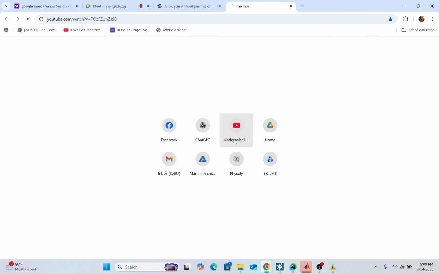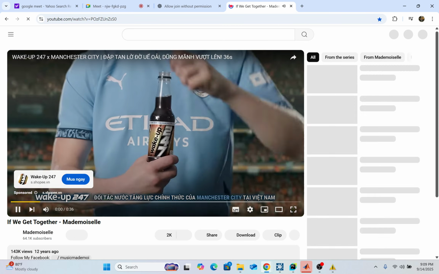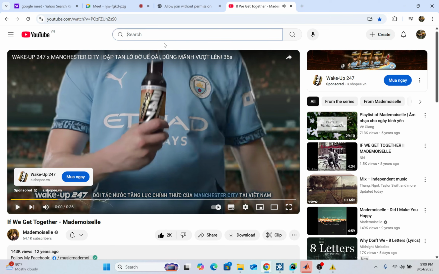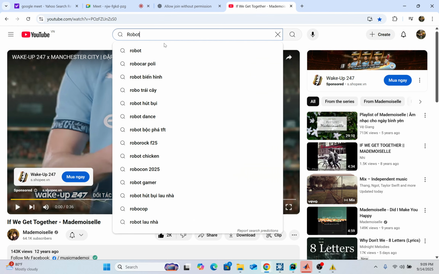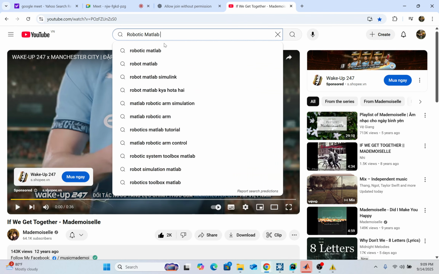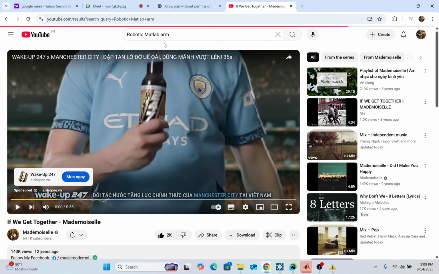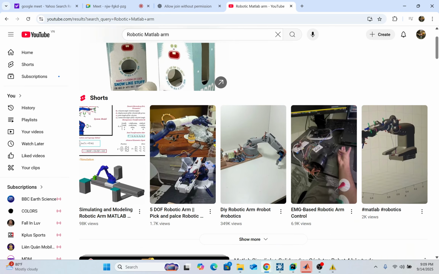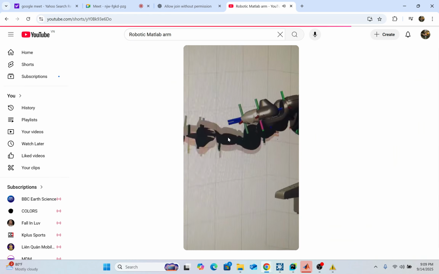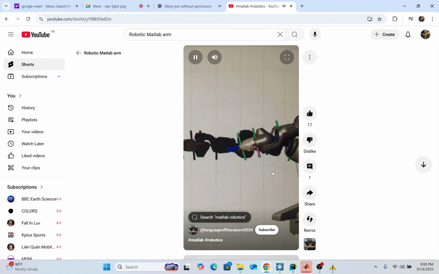And there are some kinds of physics simulations I want to tell you about. First, you use physics simulation to do robotics, like robotics, MATLAB, ARM, like that. And you could see some here. This is the simulation.